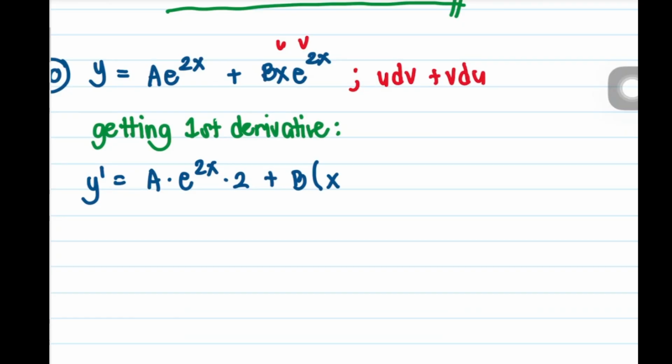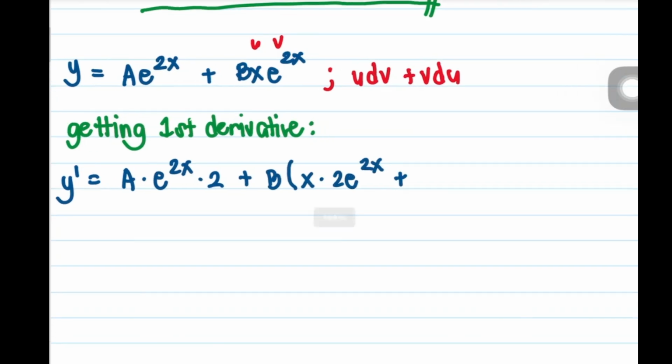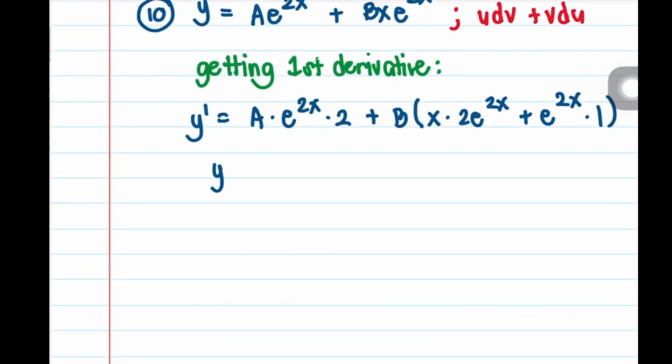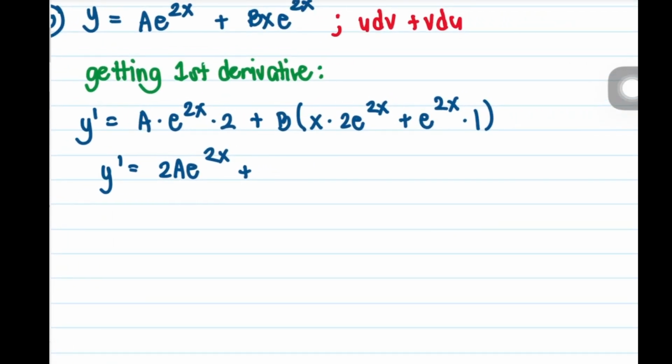So that one will be 2a e raised to 2x plus v multiplied to the derivative of u, which is x multiplied to 1. So simplifying this one, y prime is equivalent to 2a e raised to 2x plus b multiplied to 2x e raised to 2x plus e raised to 2x.